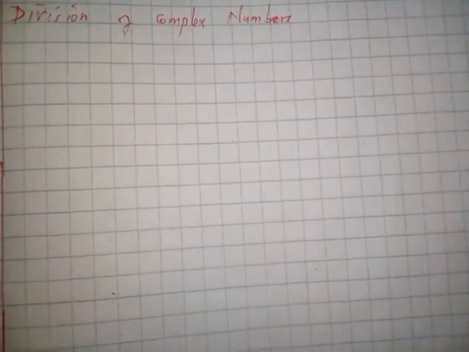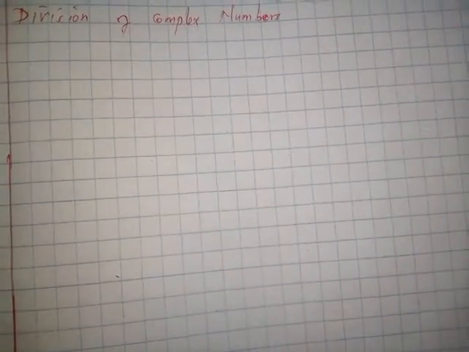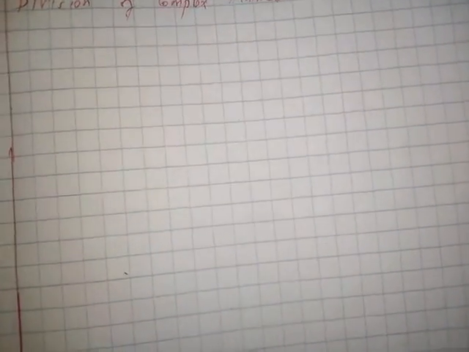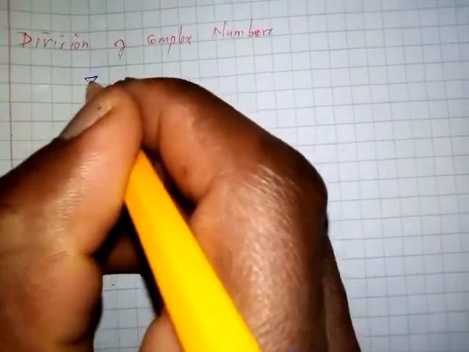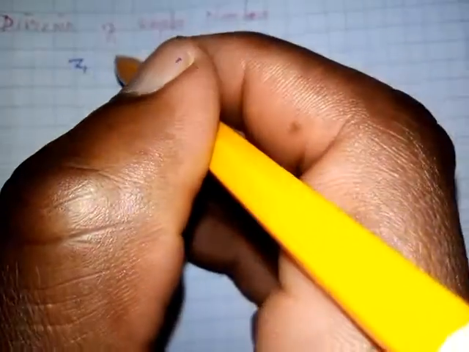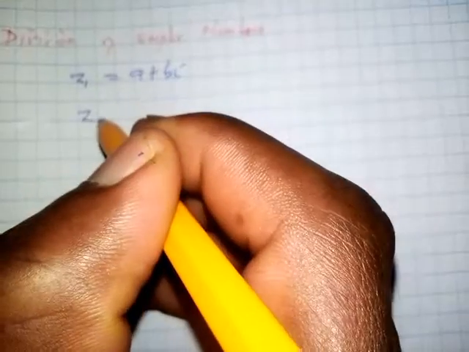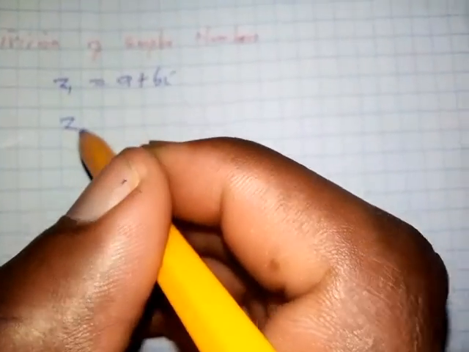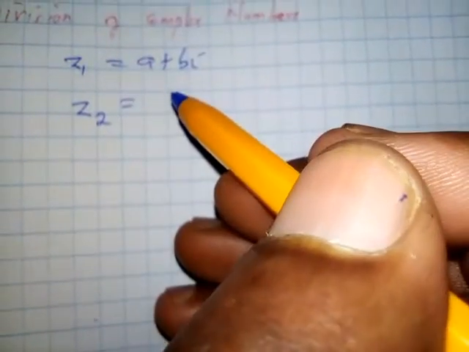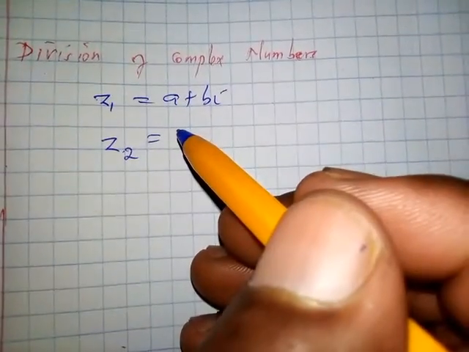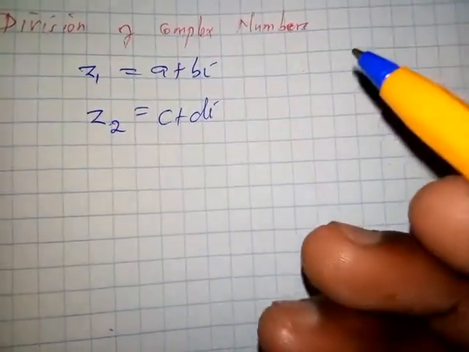I have already looked at addition, subtraction, and multiplication, and now we're looking at division of complex numbers. Given two complex numbers, z1 and z2, z1 as a plus bi, and z2 as c plus di.